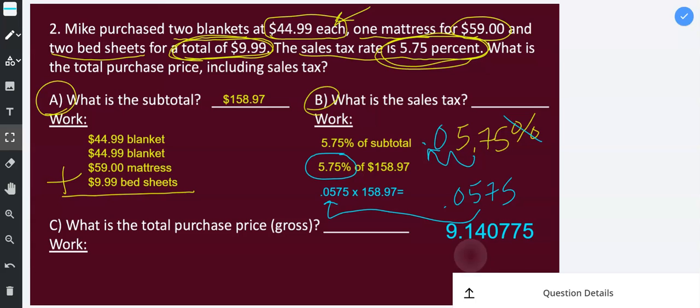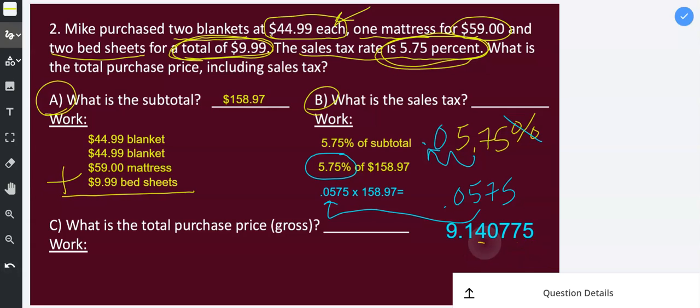All right, this is the tenths place. This is the tenths place. This is the hundredths place. This is the thousandths, ten-thousandths, hundred-thousandths, millionths. We're looking for the hundredths place.